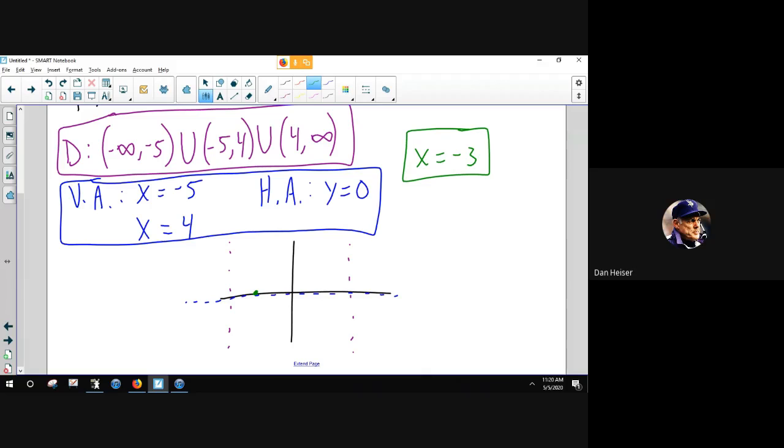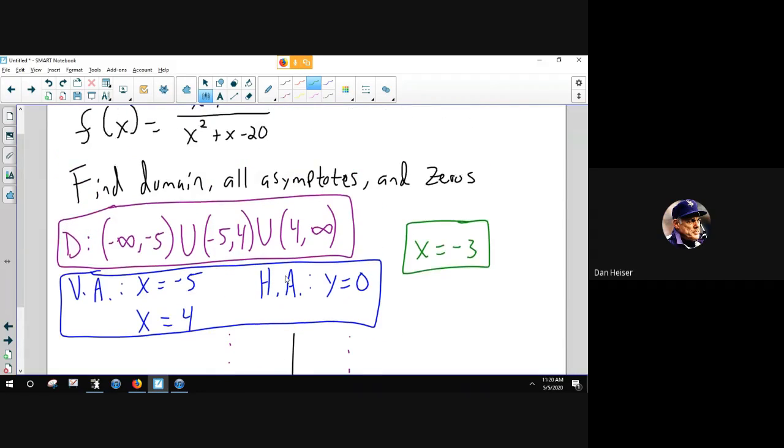So, putting this information together, we could sketch some points here. Since it only crosses the x-axis at this point, it's either going to come down kind of like this, or it's going to go up kind of like this. How do we know what it's going to do? Well, we really don't.